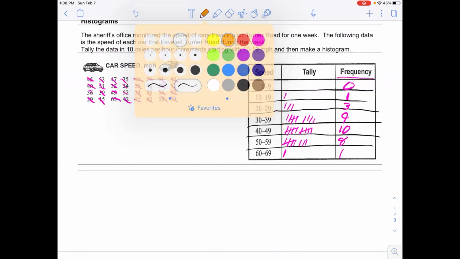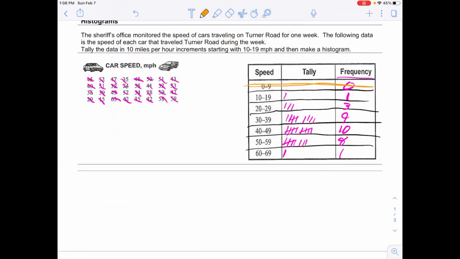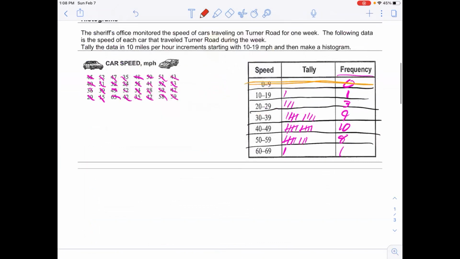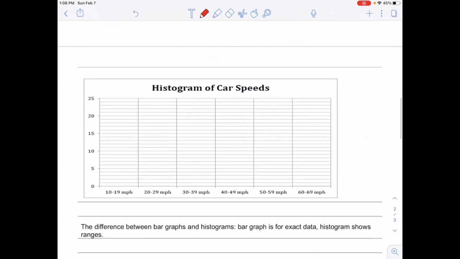So we don't even really have to worry about this bar at all. But 10 to 19, 1 car was in that range. So for that 1 car, I'm going to have a bar that is 1 unit tall. And I can fill that in.